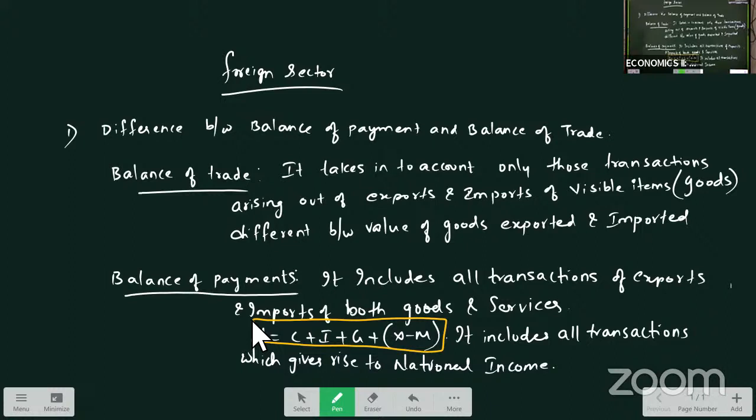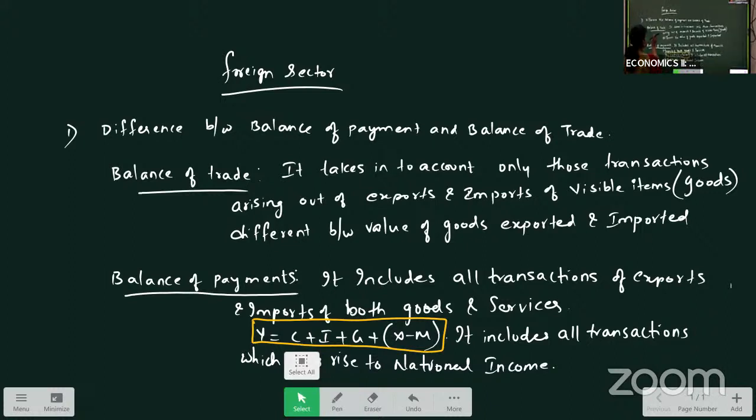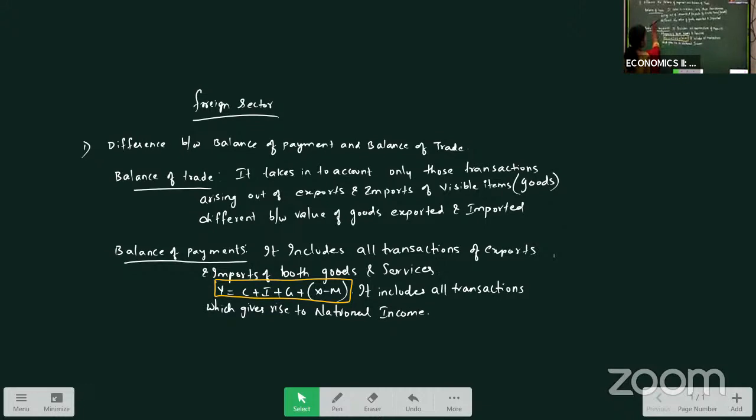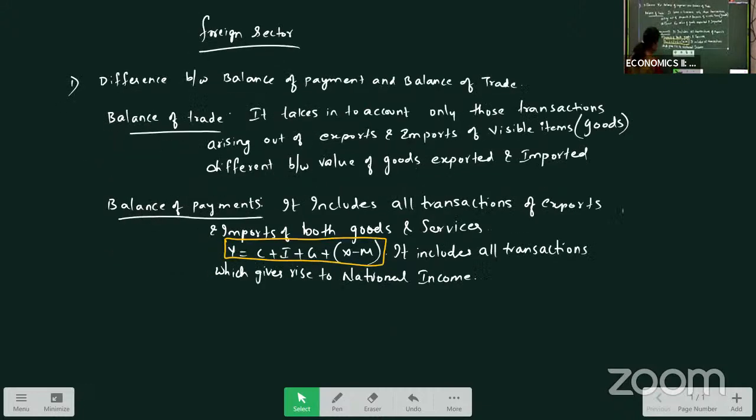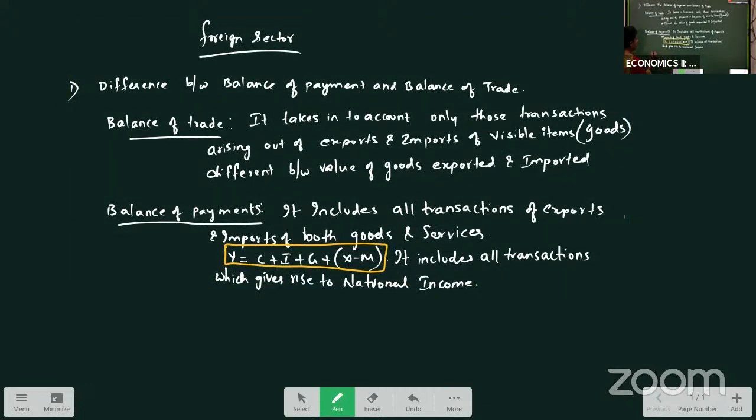Okay, so this way we have balance of trade and balance of payment. Now, just see here, remember this one: when our exports are equal to imports, we have a balanced balance of payment.